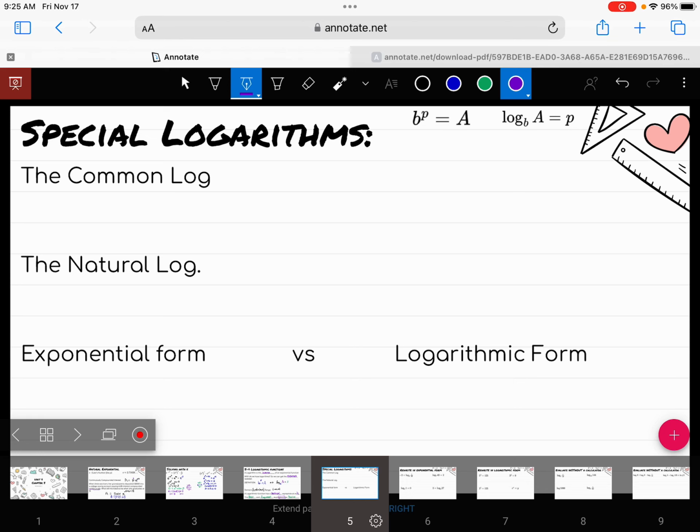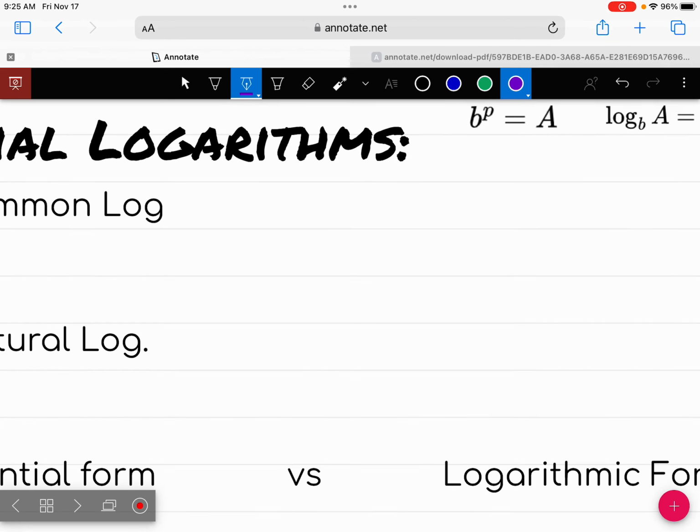The common log, which we just write as log, I always loop my L on the log, otherwise it looks like 10G, just because my handwriting's bad. If you write it with a straight little L, that's totally fine. That's just a habit of mine.